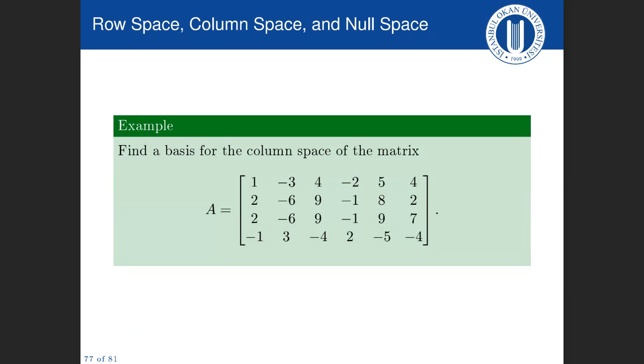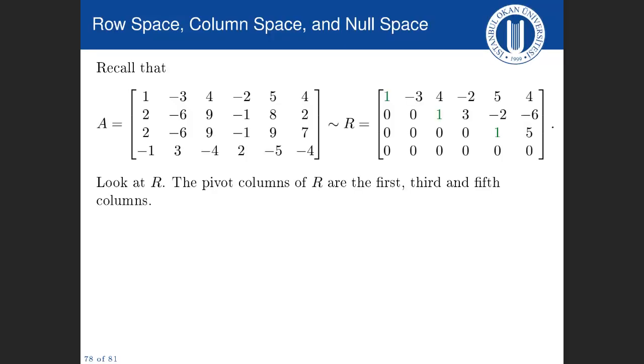So for example, find a basis for the column space of this matrix. It's the same one we just looked at. So step 1, row reduce it. Here it is. Look at R. Where are the pivot columns? The pivots are in the first, third, and fifth columns of R. So the pivot columns of R are the first, third, and fifth columns.